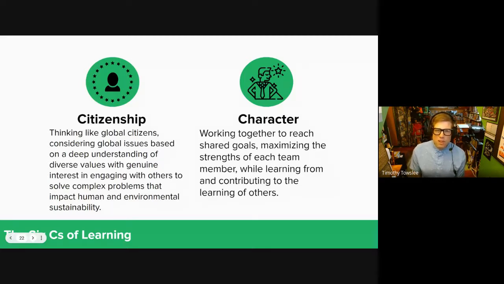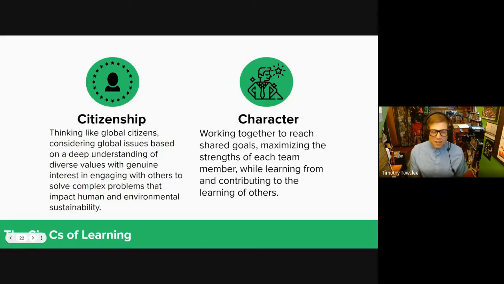And the two that have been added more recently are citizenship and character. Citizenship is thinking like a global citizen, understanding our role in our classroom community, in our school community, in our local community, in our city, our state, and then globally. To look at some of those problems that are there, and think about ways to approach them that are going to be for the greater good.